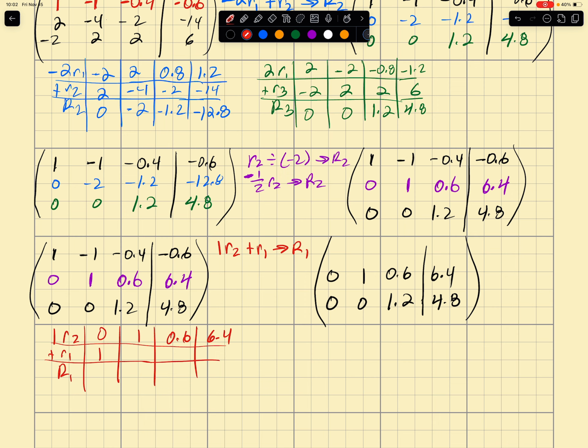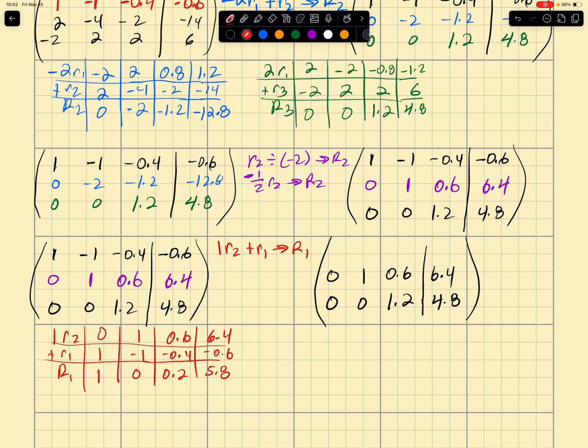Row 1 is 1, negative 1, negative 0.4, negative 0.6. 0 plus 1 is 1. 1 plus negative 1 is 0. 0.6 plus negative 0.4 is 0.2. And 6.4 plus negative 0.6 would be 5.8.